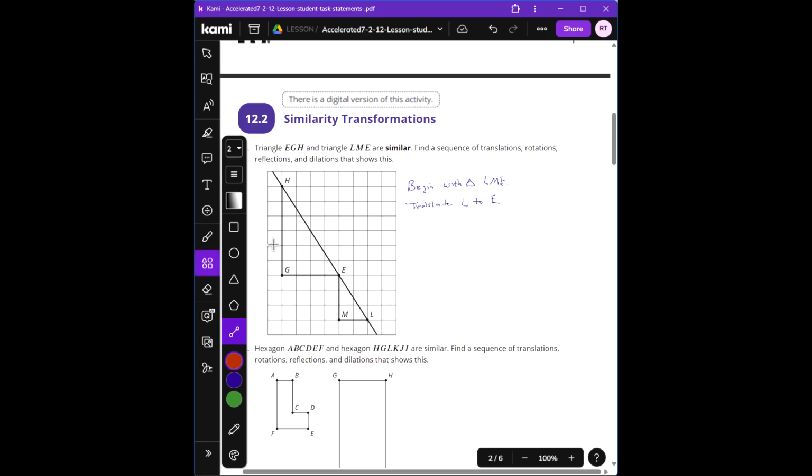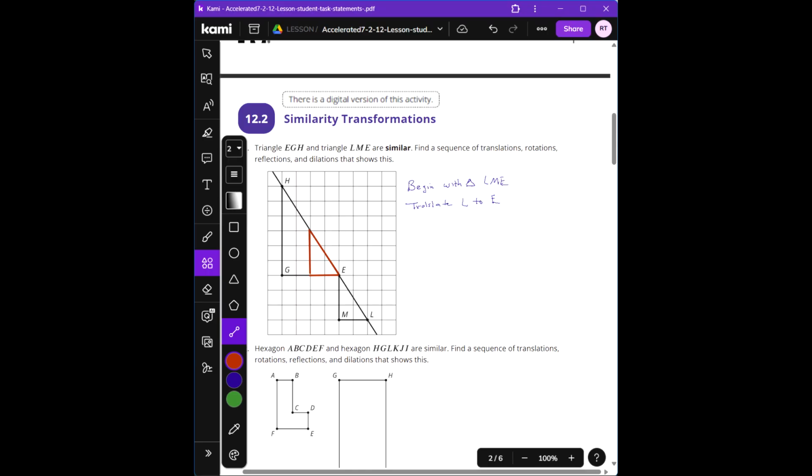So L to E. If I do that, I'm going to have a triangle that is here, and then that goes up to here, and then here. Okay, so there's my translated triangle.